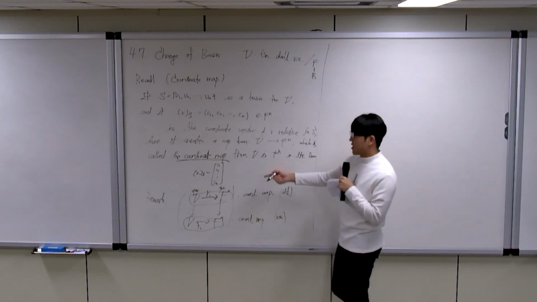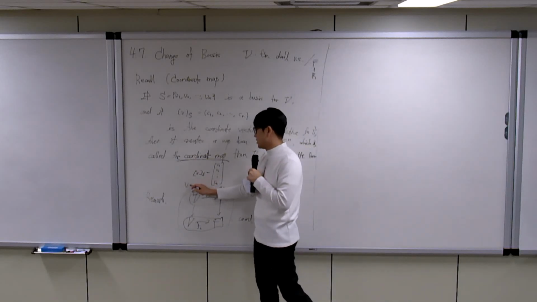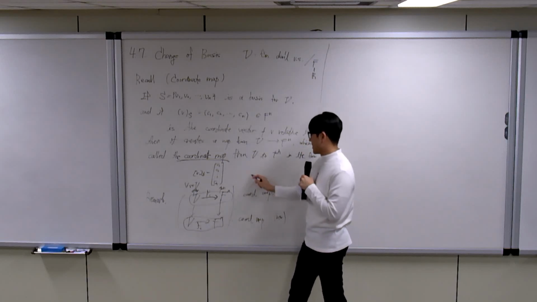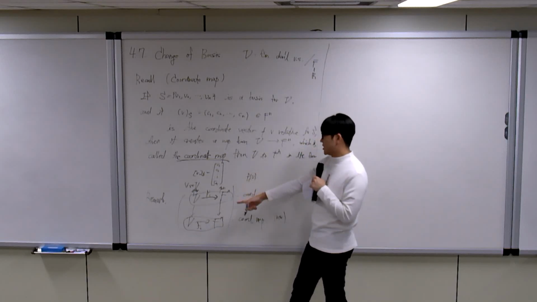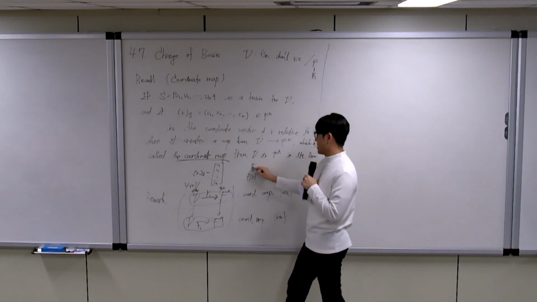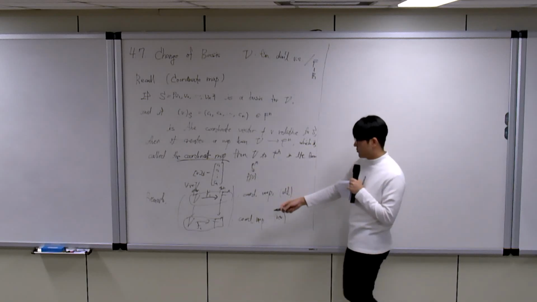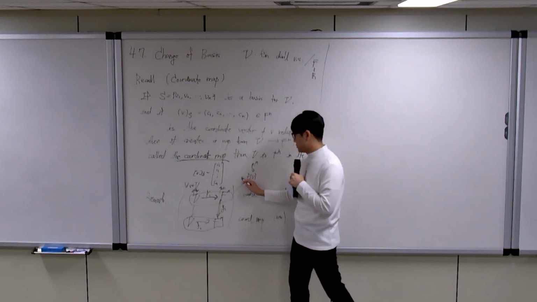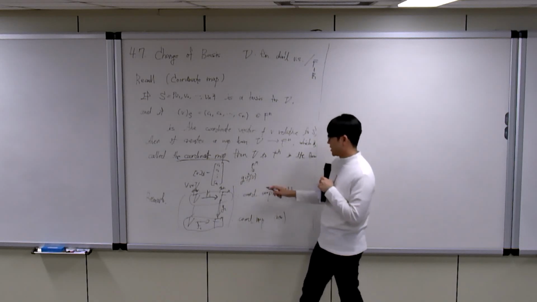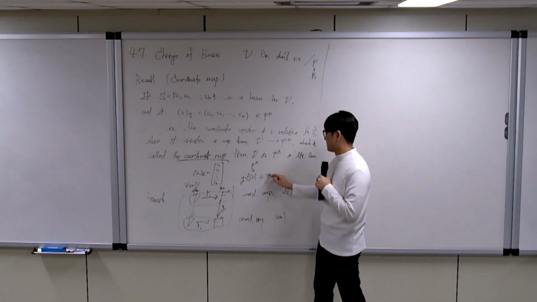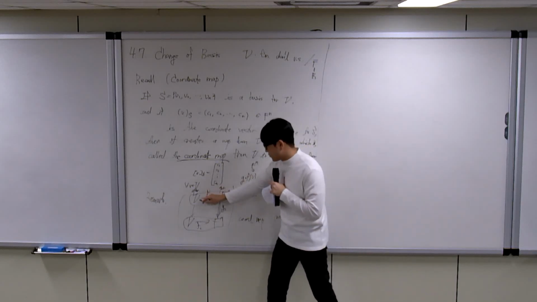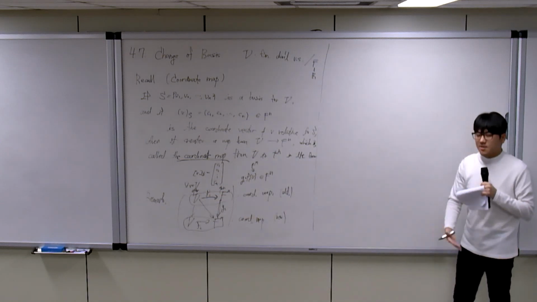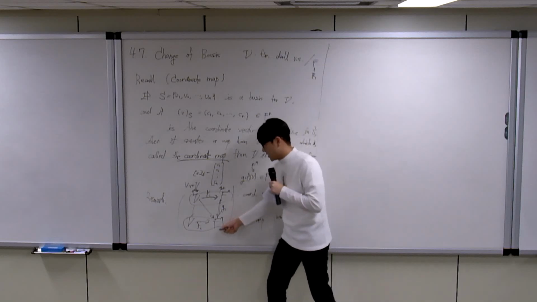If you send an element in V from f1, it lands in F to the n, and by sending it through this map g2, it will also be in F to the n. Then it is mapped from this to this, and we want it to work the same for this map f2.